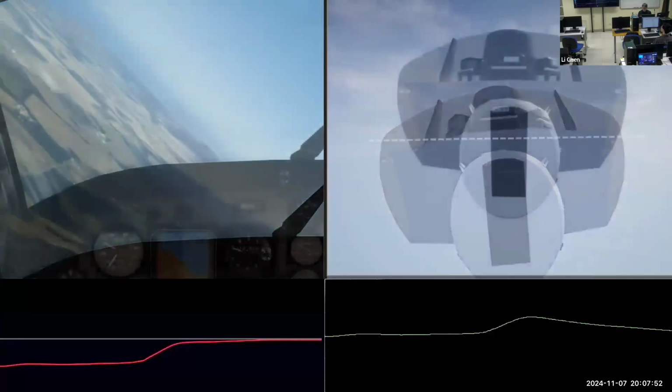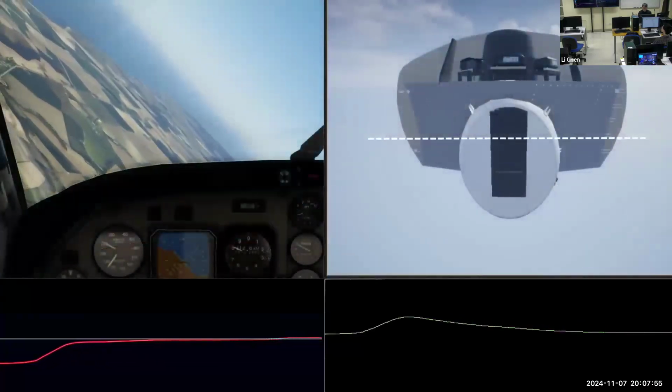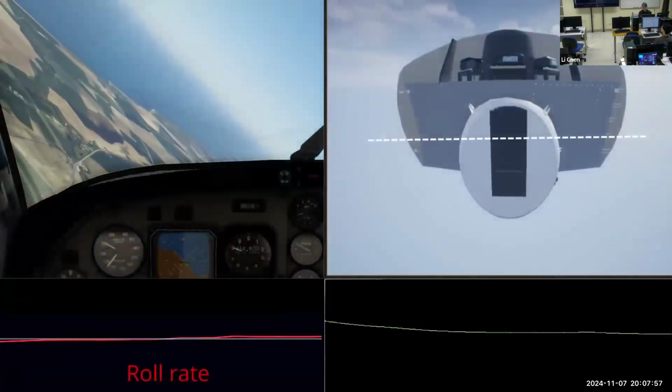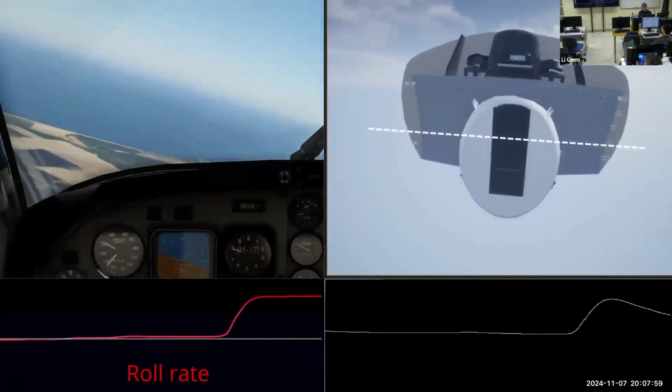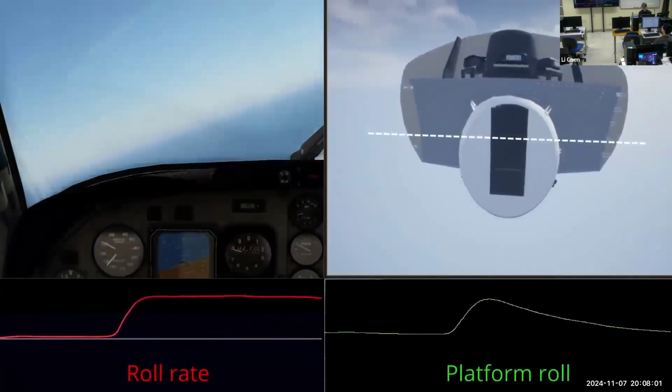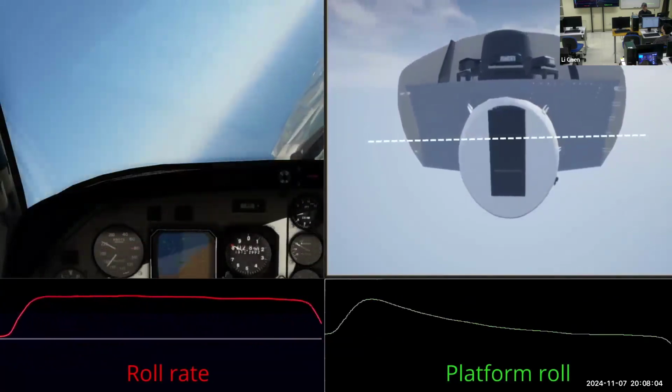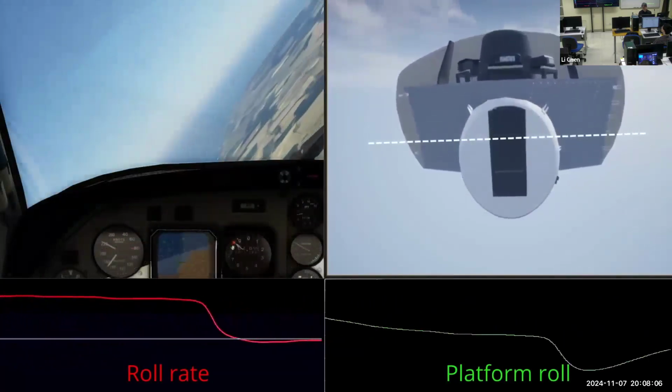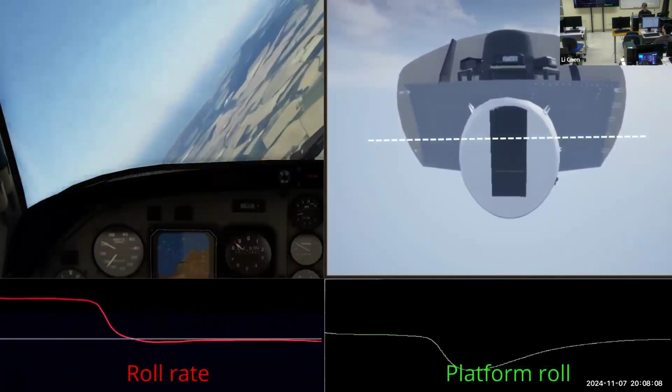And if I add the graphs down below, you can see very clearly how changes in roll rate on the left are activating the roll angle of the platform on the right. These dynamics are exactly what's going to trigger your vestibular system.